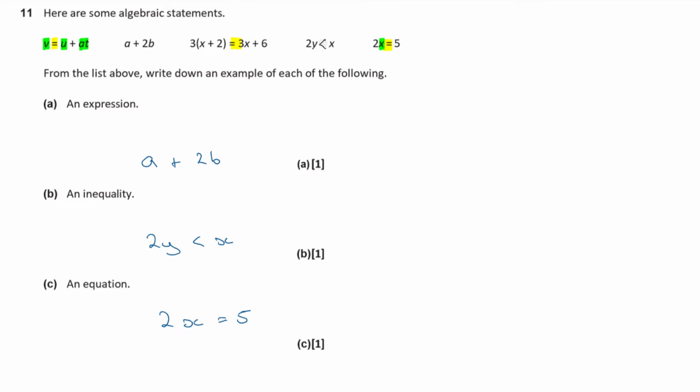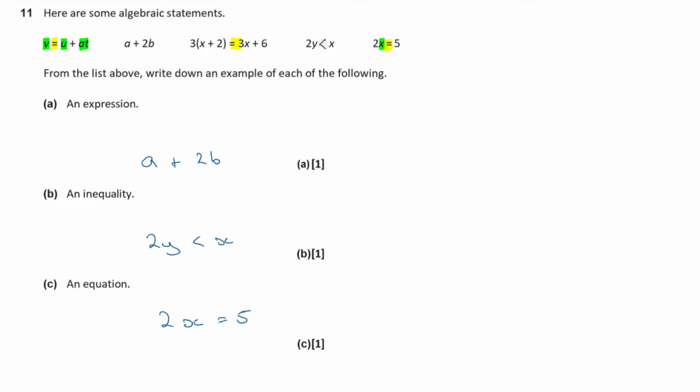Okay, and now the other one, this one is what we call an identity. It's always true. It's kind of like a super equals, really. If you think about 3 lots of x plus 2, if you remove the bracket and multiplied it out, you would get 3x plus 6. So this is what we call an identity rather than an equation.